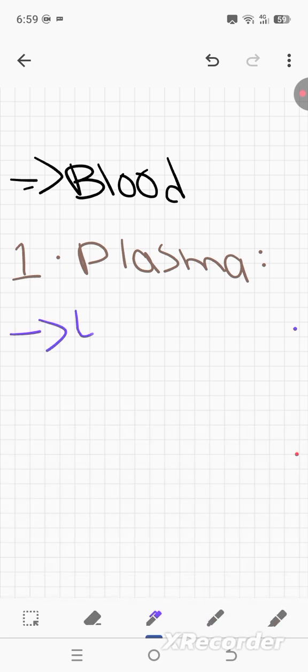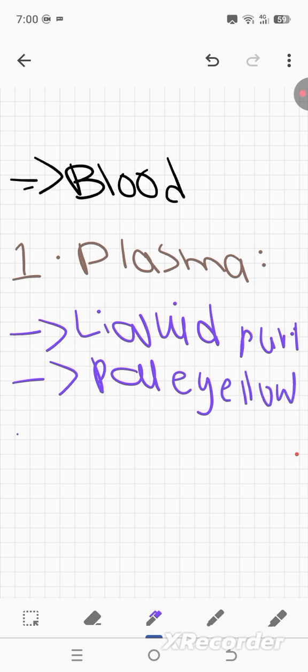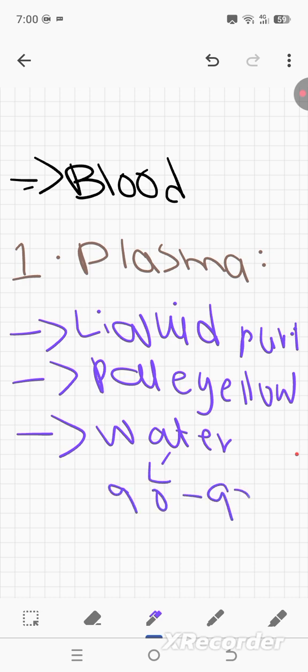As I stated previously, plasma is a liquid part and it is pale yellow colored. It has water inside, which is why it's considered a liquid part, and the water inside the plasma is around 90 to 92%.